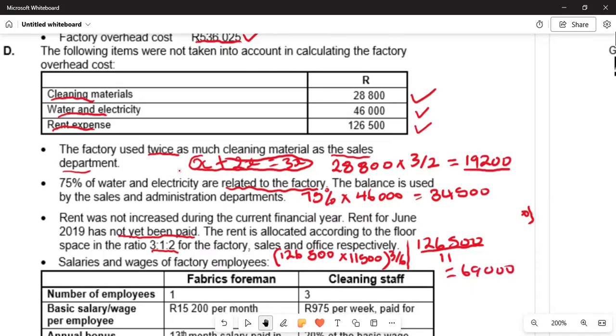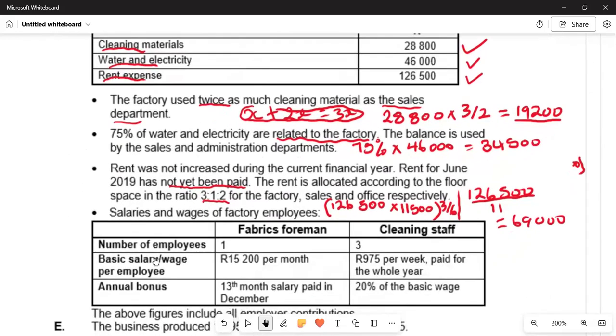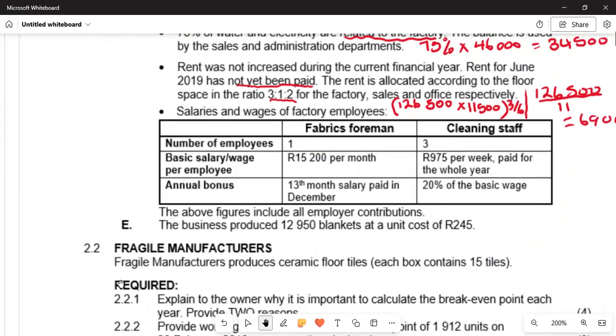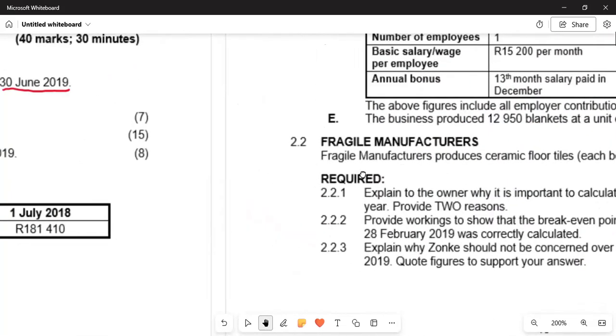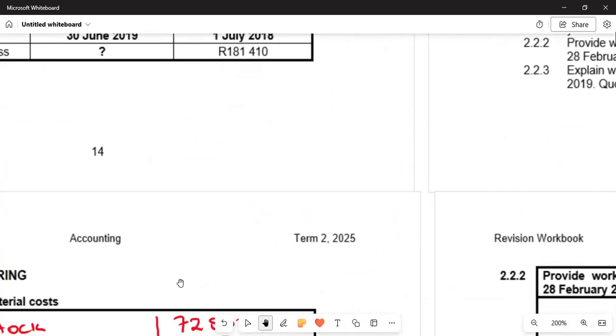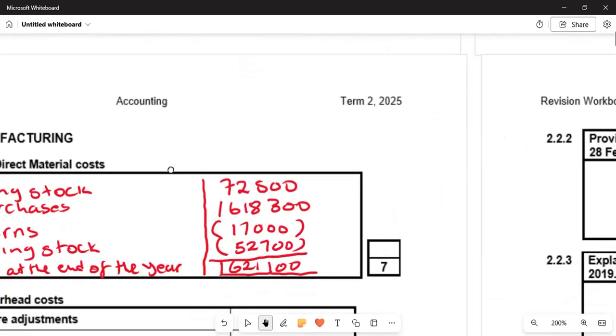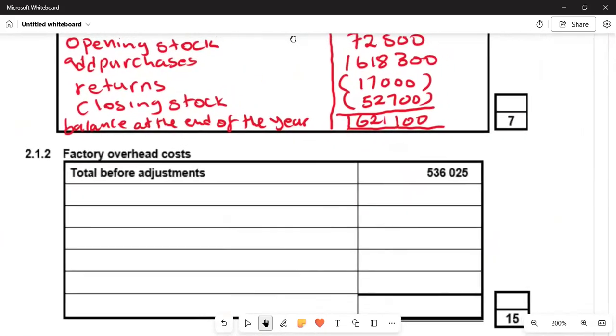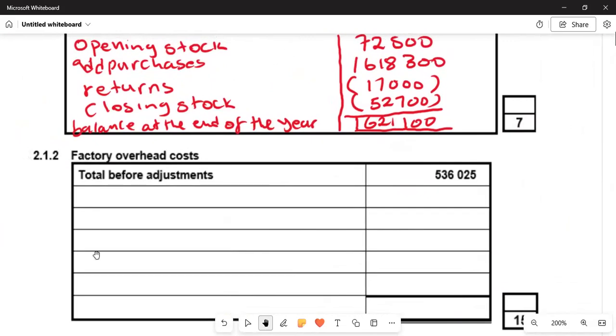Now it will give us 69,000. So let's go and record them in the answer book. Here is our answer book for factory overhead cost.